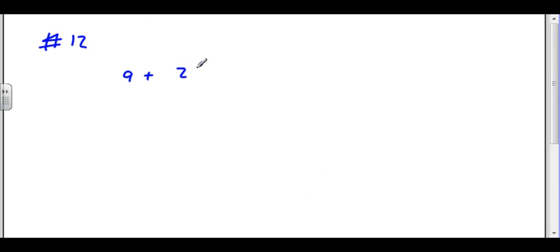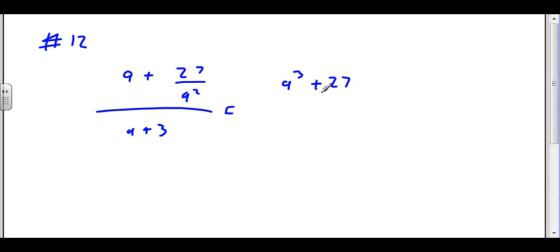plus 27 over a squared, divided by a plus 3. All right, so my common denominator is going to be a squared. So I'm going to have a cubed plus 27 over a squared, divided by a plus 3.